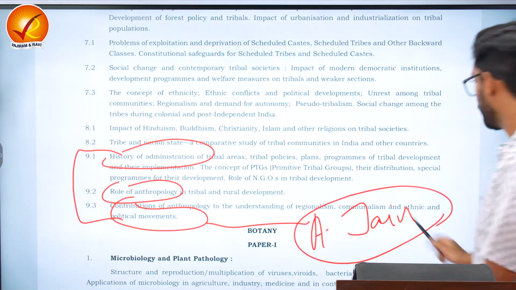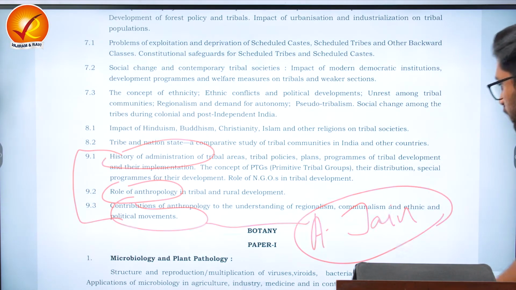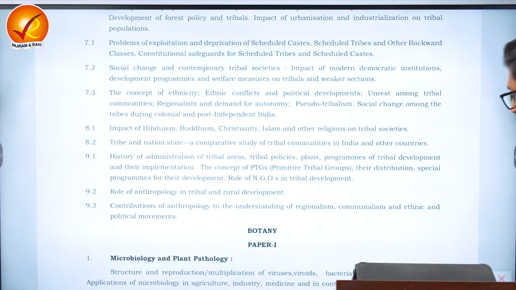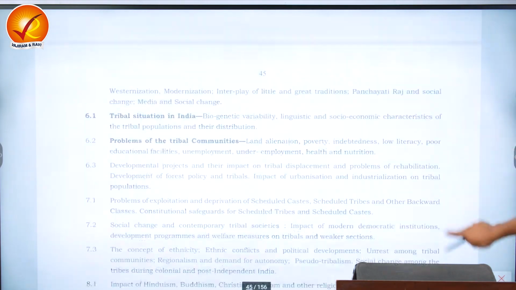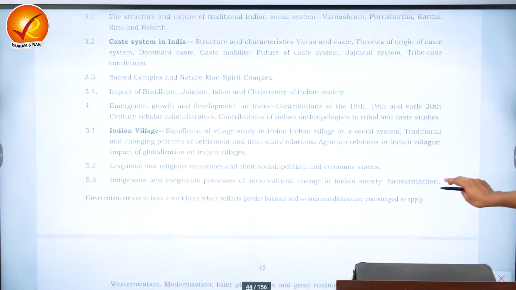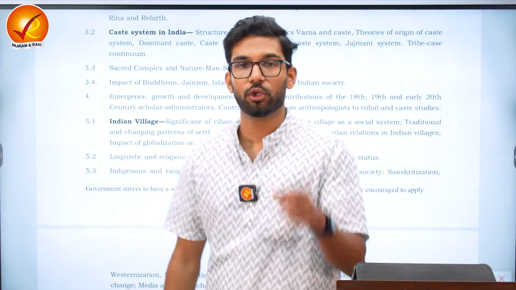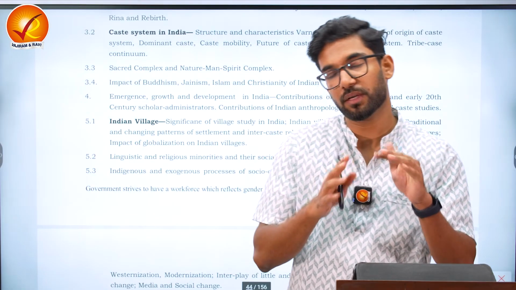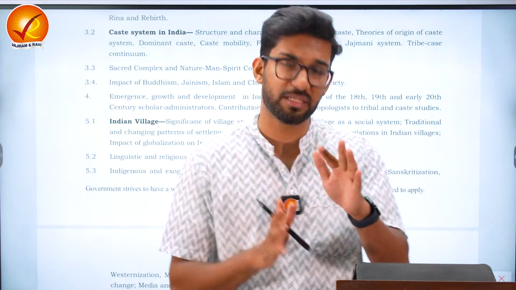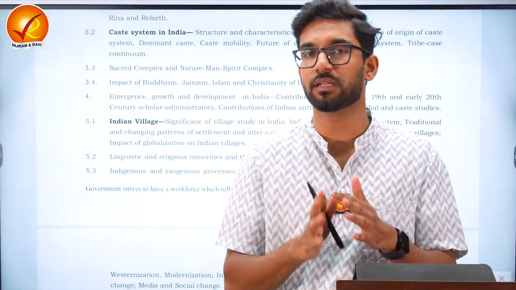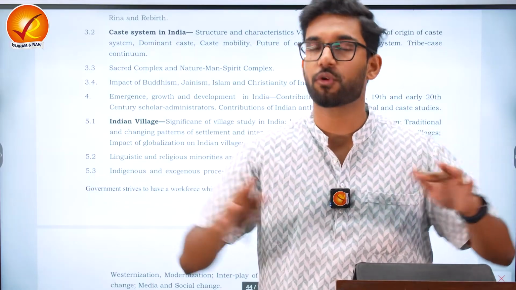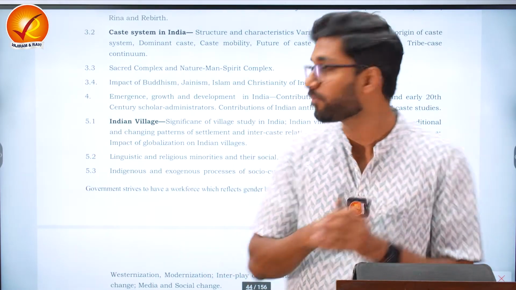So this was paper 2 for you guys. But now I remember I forgot to tell you one more thing, which is how Unit 6 is important for paper 1. Unit 6, if you recall, is anthropological theories, which forms the basis for socio-cultural anthropology in paper 1.